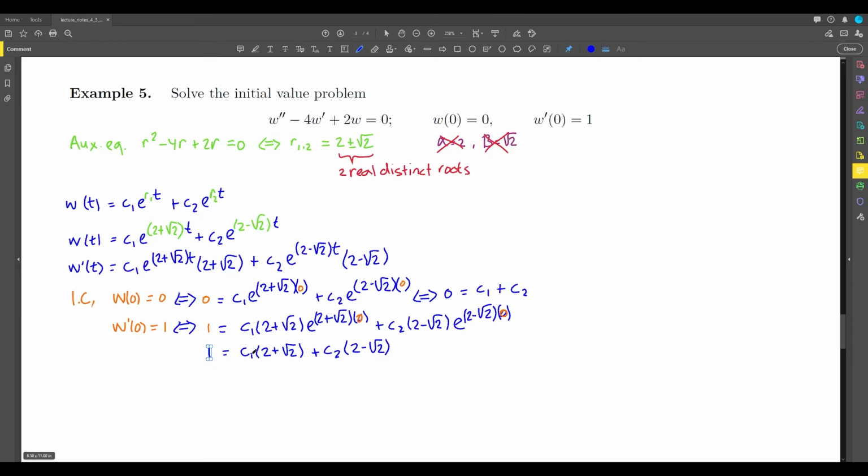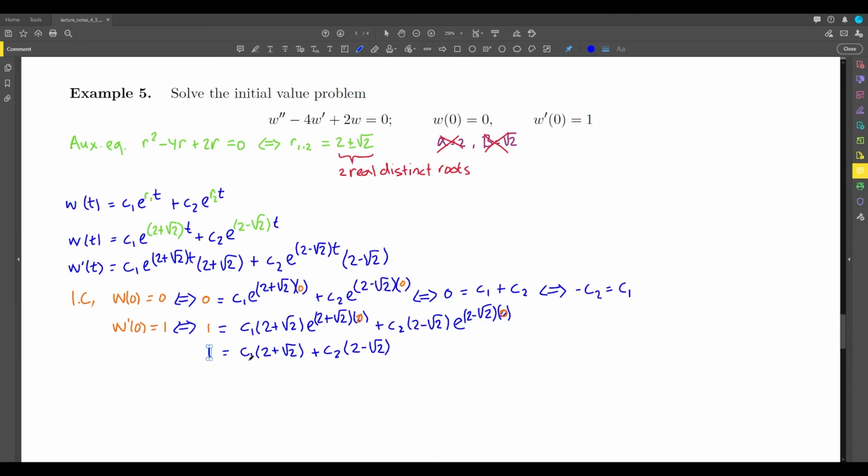Okay, this is a system of equations, and so what we're going to have to do is solve the first one for either c1 or c2. I'm going to take c2 to the other side, so I get negative c2 equals c1. I'm going to plug that in here.